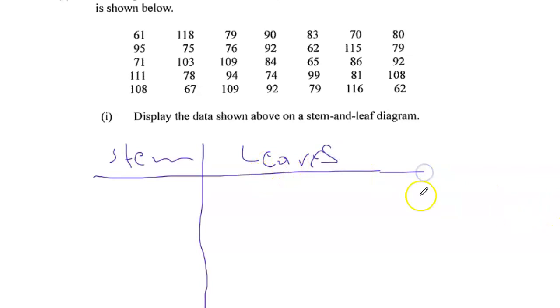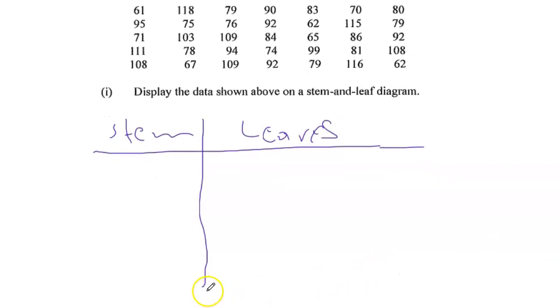Alright, so it seems the smallest number there is 61. So let me establish the key. The key I'm using is 61 means 61, so 6 and 1.